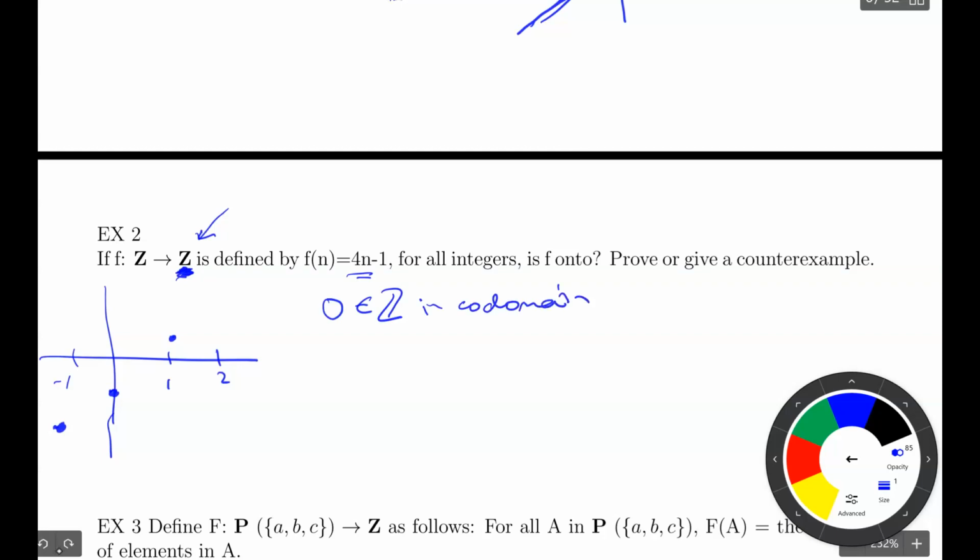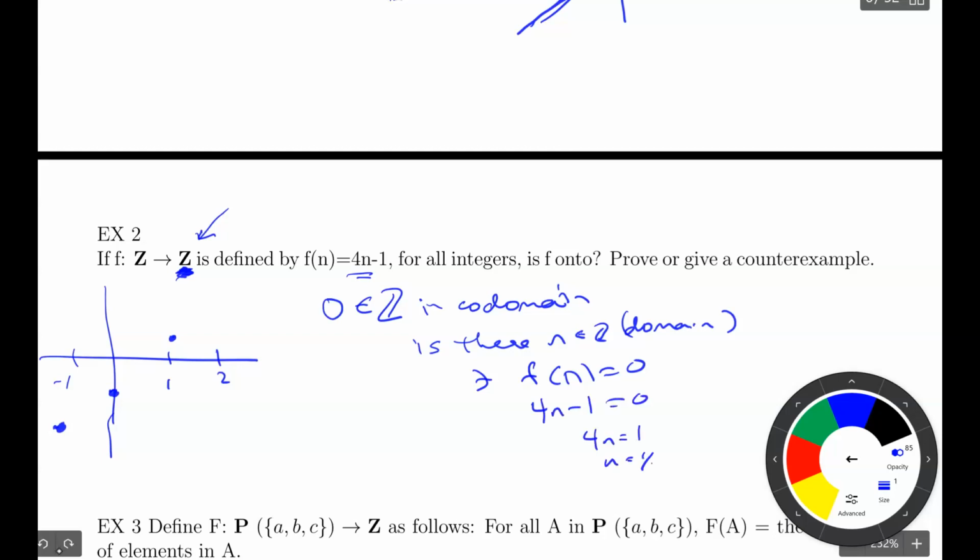Is there an n in the integers in the domain such that f of n goes to 0? That would give me 4n minus 1 equals 0, 4n equals 1, n equals 1/4. Oh, that's not an integer, so no. So this shows it's not onto. I don't hit all integers.